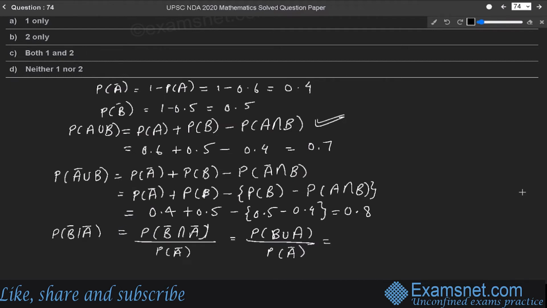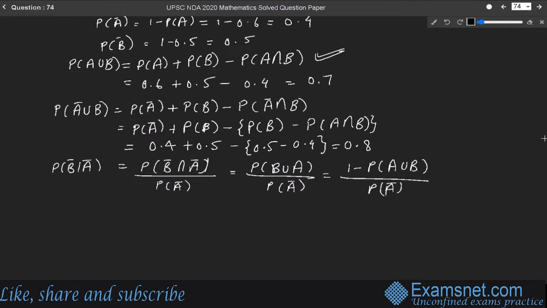Again, P of B union A can be written as 1 minus P of A union B upon P of A bar. Now, on putting the values, it will be equal to 1 minus 0.7 upon 0.4. So on further solving, it will be 0.75. So according to this, the value of P of B bar upon A bar is 0.75.